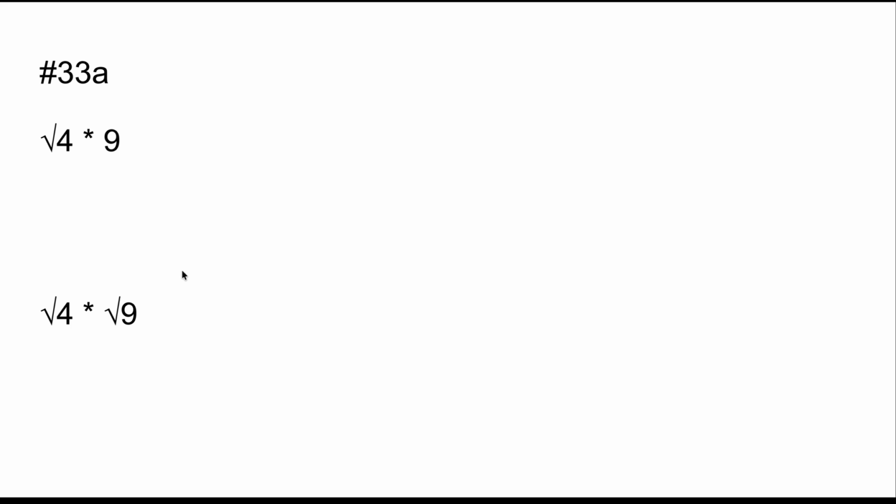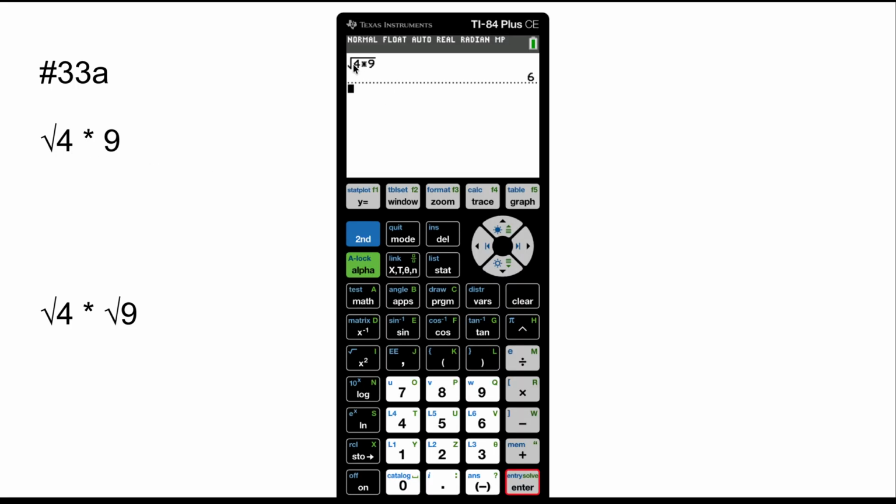Okay, so here's some of those examples. This time it's under the same radical, 4 times 9. So let's see how that is. 4 times 9 under the same square root sign, done at the same time, is 6. You could also think of this as 4 times 9 is 36. The square root of 36 is 6.